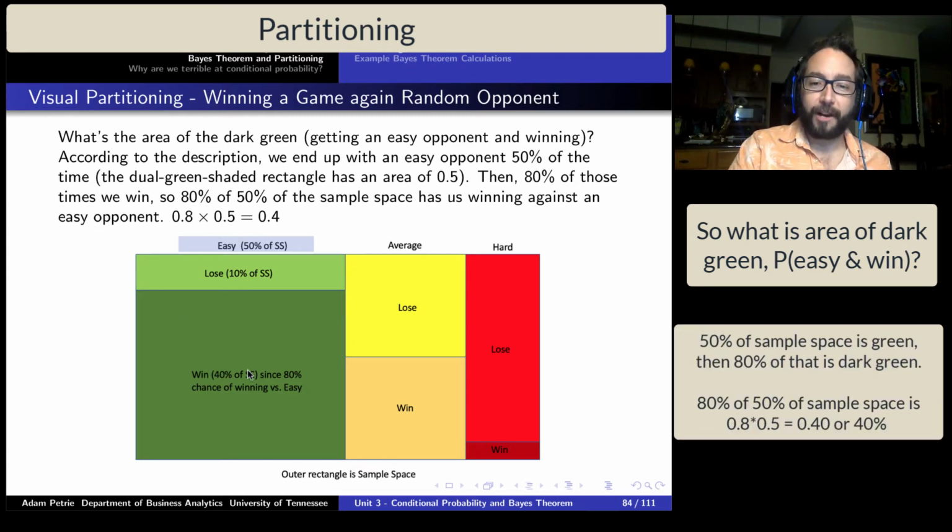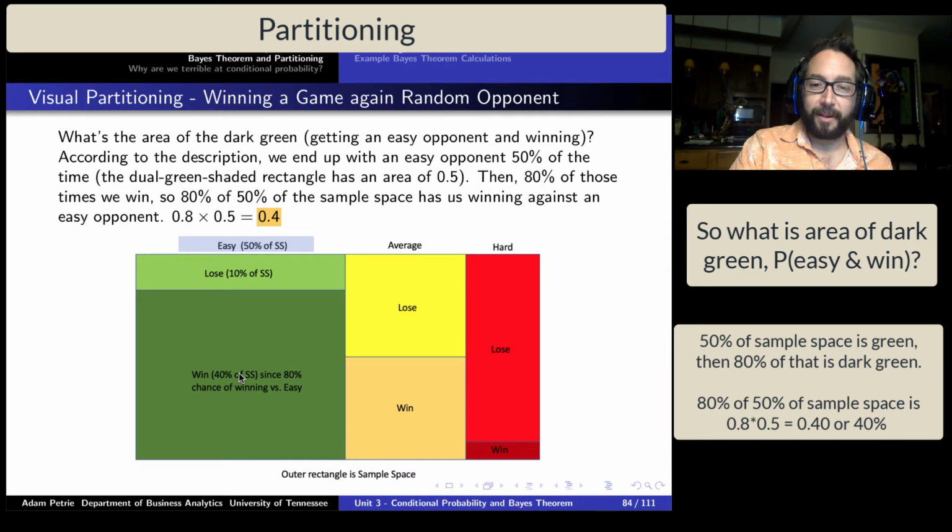So what fraction is dark green, win, and what fraction is light green, lose? Well, we have an 80% chance of winning against an easy opponent, so 80% of this green area must be dark green. 80% of 50% of the sample space, 0.8 times 0.5, works out to be 40% of the sample space. So the area of this dark green rectangle right here is 0.4.